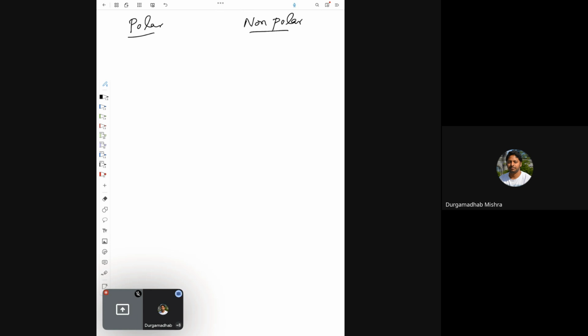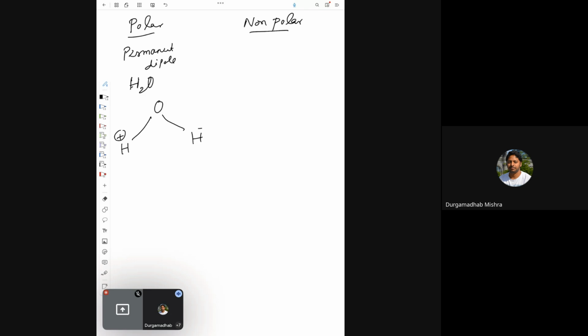For example, for polar, you have a permanent dipole moment. If I take water, I have a permanent dipole moment. How? Because of the structure itself. This is how the water molecule looks like.